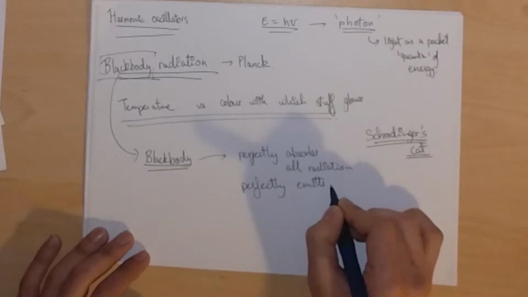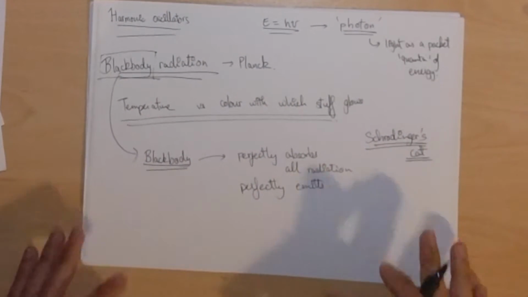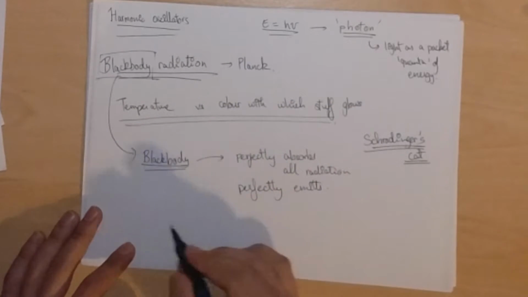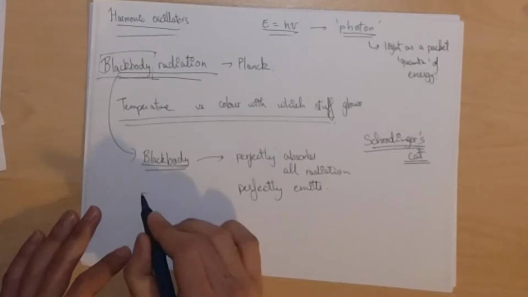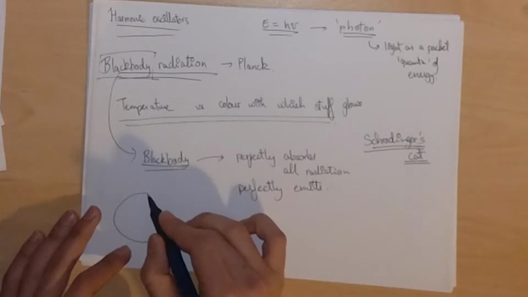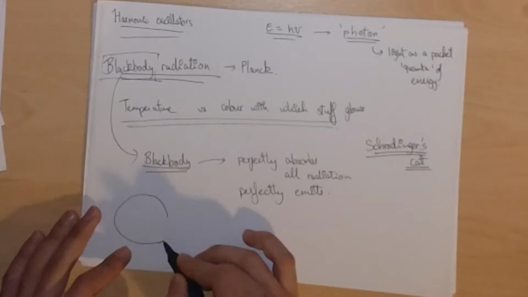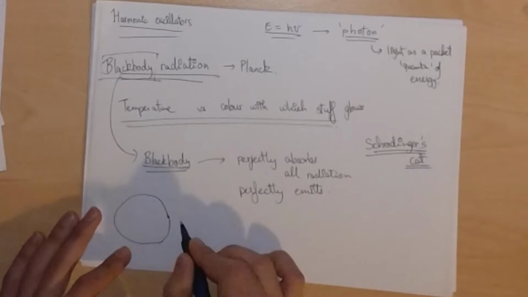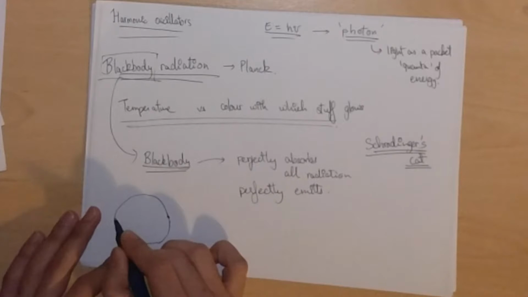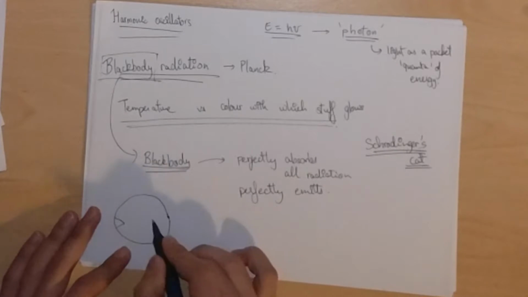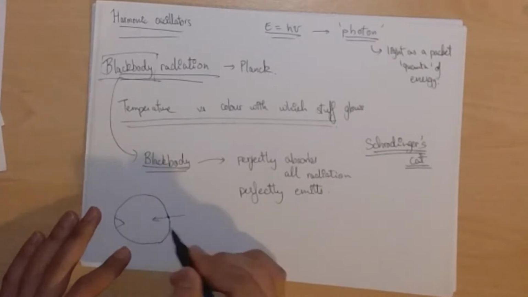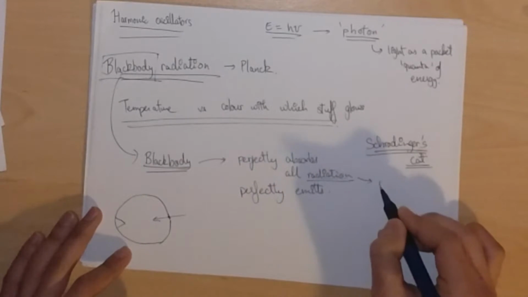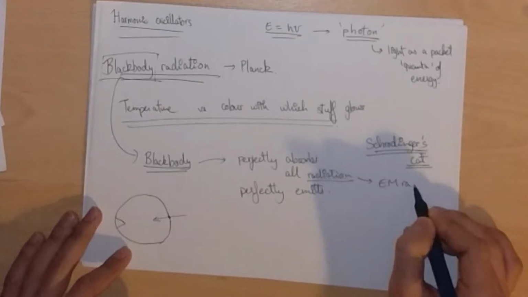A good example of something close to a blackbody is the sun, but in reality you don't really see a perfect blackbody anywhere. And a good way to model what a blackbody would look like is to think of a sphere with a small hole known as a pinhole. Any radiation you send in, radiation, word for light, electromagnetic radiation, right?